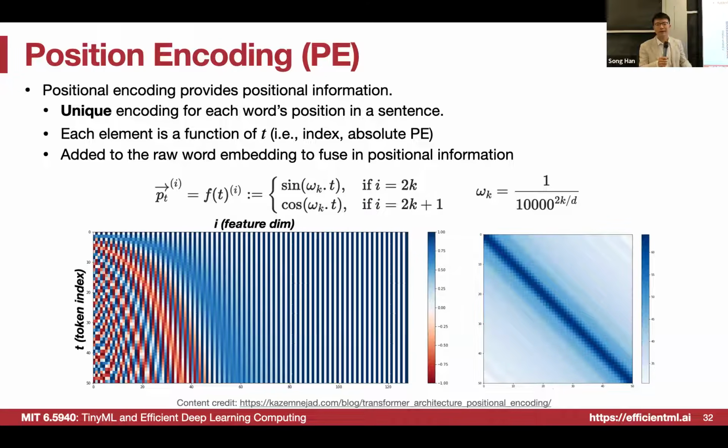We want to apply a different positional encoding to different tokens, and also for each token, across different features, we want to apply a different unique positional encoding. And here we use this function, sine ωkt versus cosine ωkt, to encode the positional encoding, which is added to the raw word embedding. Like what we discussed before, we can add the raw word embedding with this positional information.